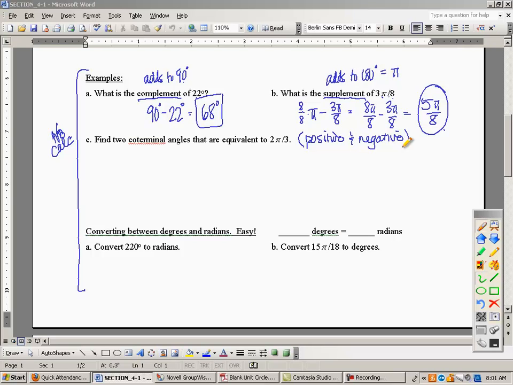The idea of coterminal is any revolution of that angle can be a coterminal angle, and a revolution is 360 degrees. So what we're going to do is take our angle, and I'm going to add 2 pi, which is 360 degrees, and that's one revolution going in the positive direction.